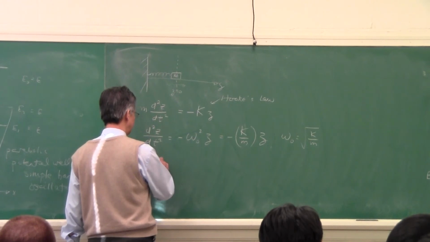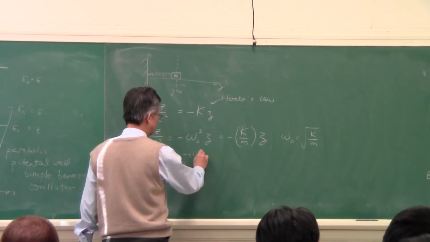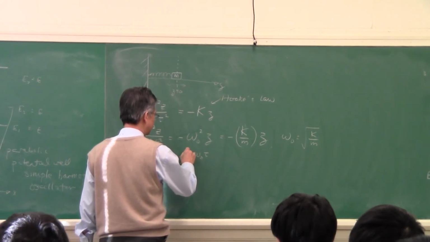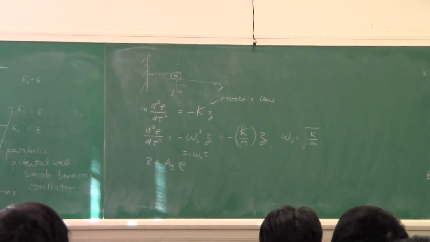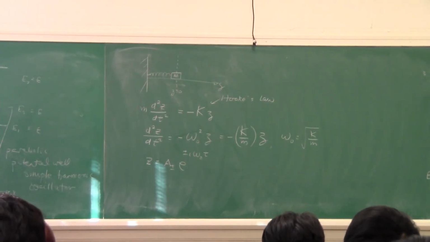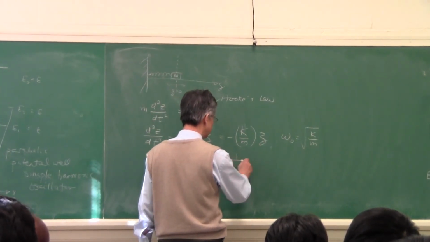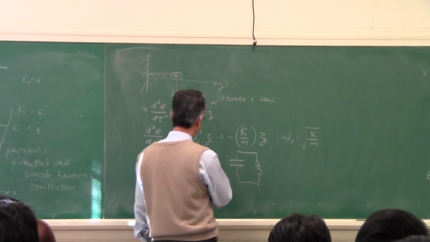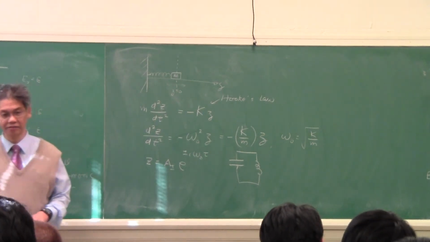The solution is Z equals A times e to the plus or minus i omega naught t. If we plug that into the above equation, you have the solution that we often see in electrical engineering. This is, for instance, the solution of a current in an LC resonator. So we see this kind of simple harmonic oscillator all the time in electrical engineering.